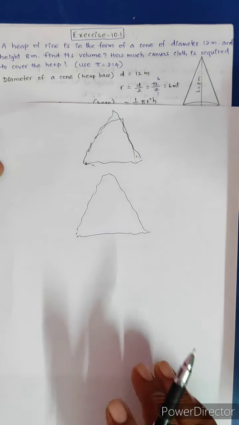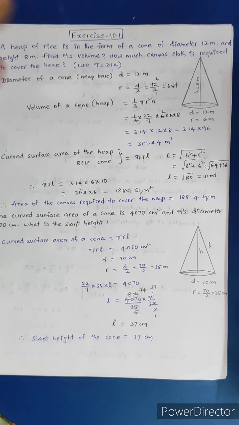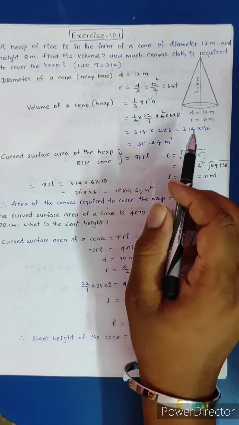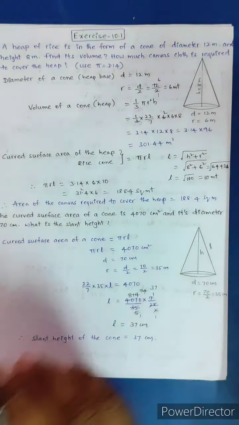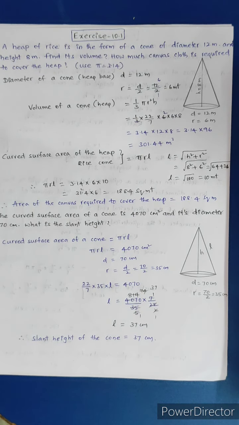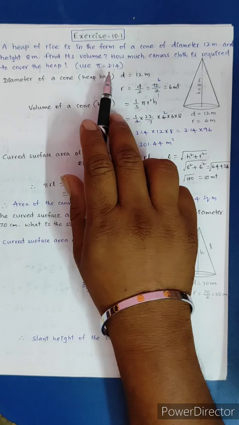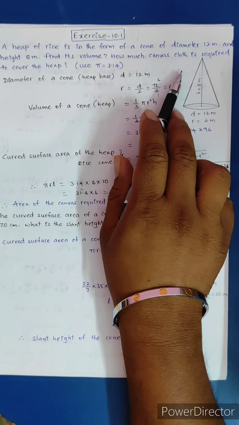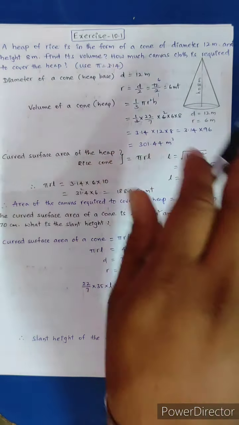A heap of rice is in the form of a cone of diameter 12 meters and height 8 meters. Diameter 12, then radius 6. Find its volume. How much canvas cloth is required to cover that heap?